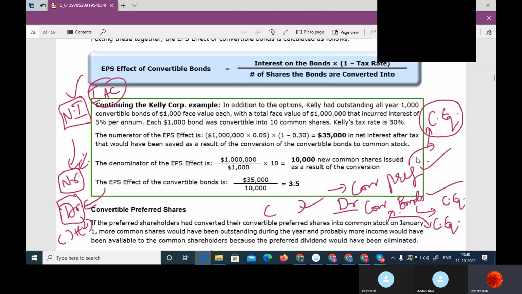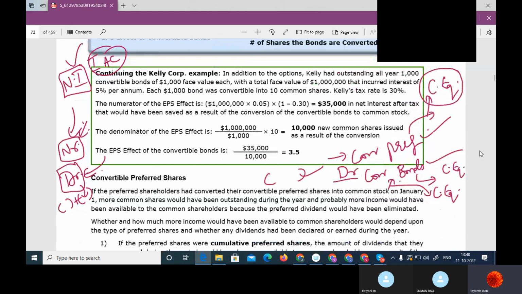And one more point I have to give you. In addition to options, Kelly company has granted some options to the president to buy some stocks. We have already seen that data, no? So apart from those options, Kelly had some outstanding convertible bonds, 1,000 of them, of $1,000 face value each.